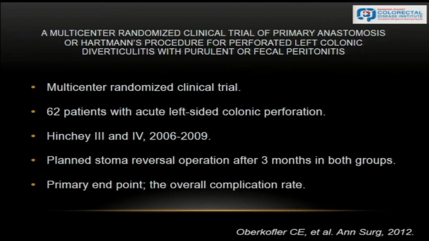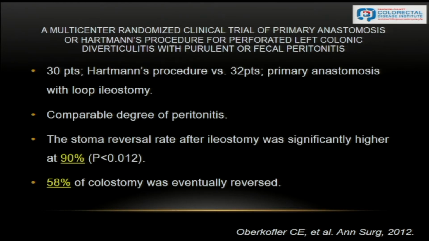And all these patients were planned to have the stoma reversed within 3 months after the first surgery. 30 patients went for the Hartmann procedure. 32 patients went for primary anastomosis with loop ileostomy. So they compared primary anastomosis, but this one with loop ileostomy to protect the primary colonic anastomosis.